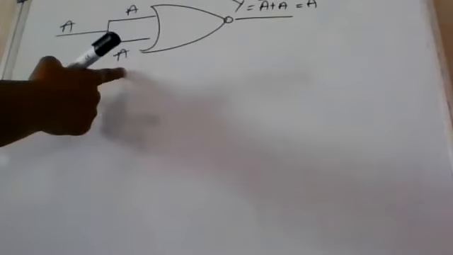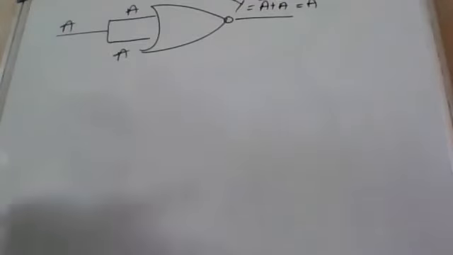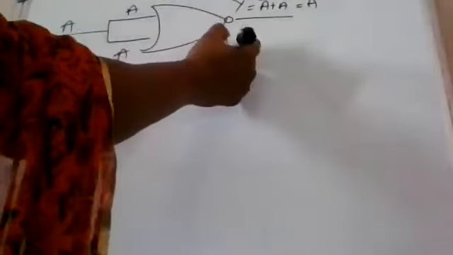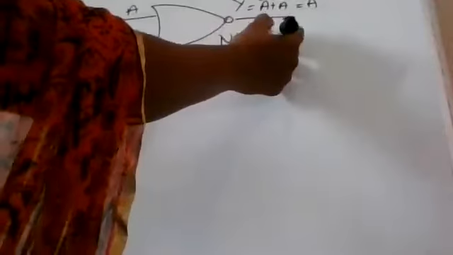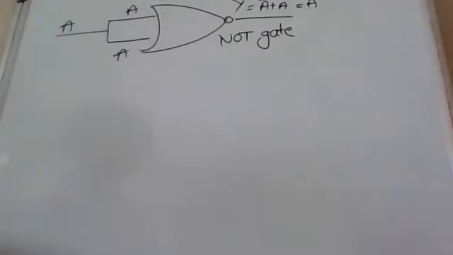So this is NOT gate output from NOR gate. Here NOR gate performs the NOT gate operation.